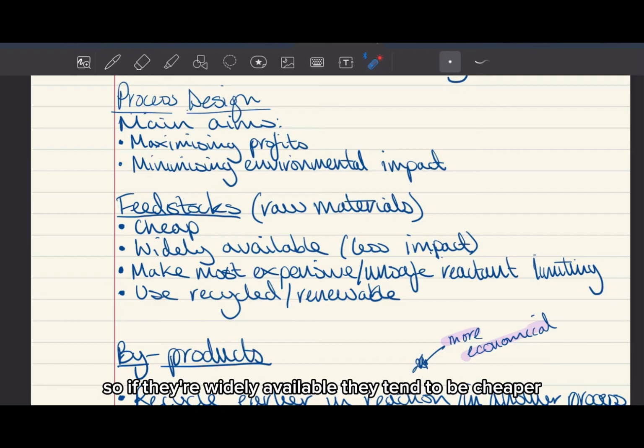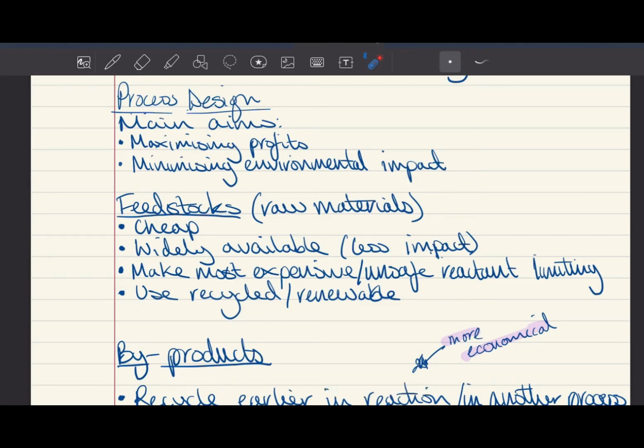If they're widely available, they tend to be cheaper, which again would maximise your profit, and they would usually have less environmental impact as well. If there's lots of them, they're not going to go scarce, like a rare metal that could eventually run out. So widely available cheap feedstocks are ideal.